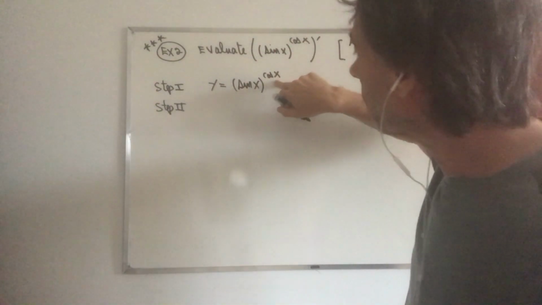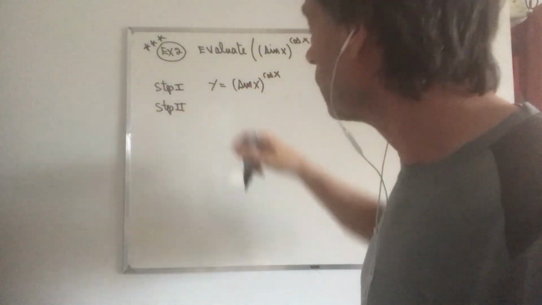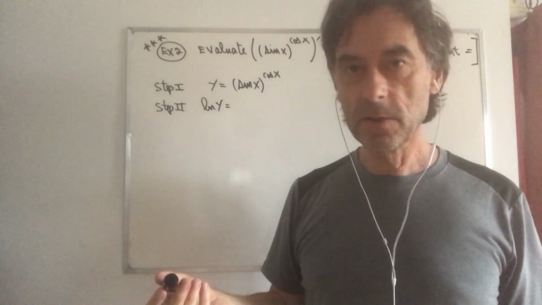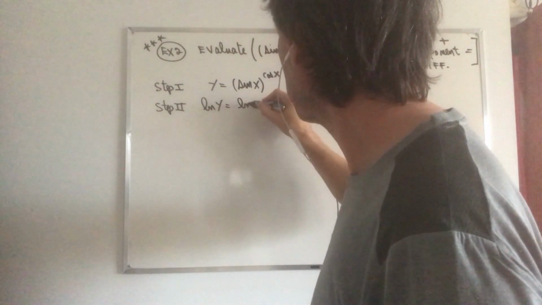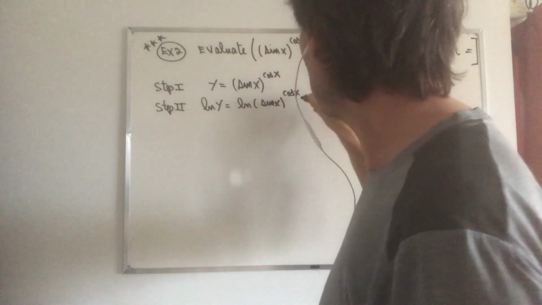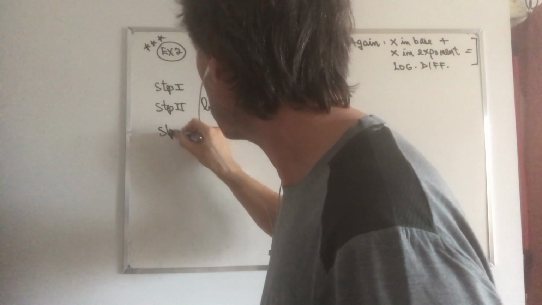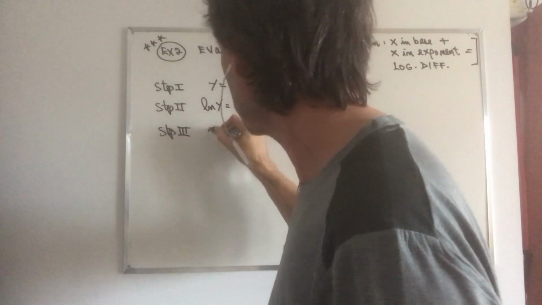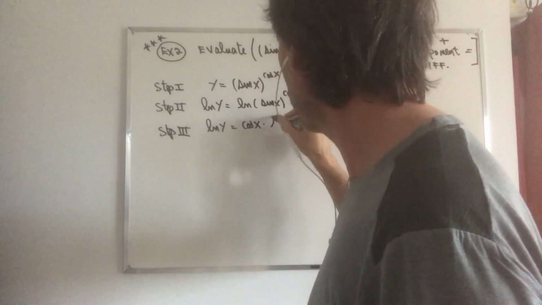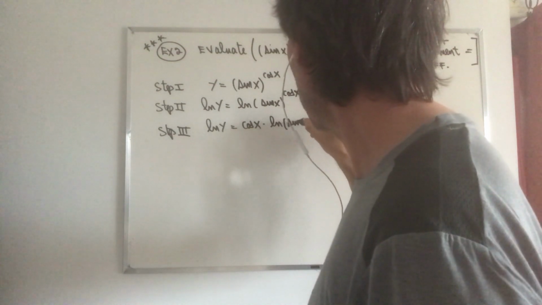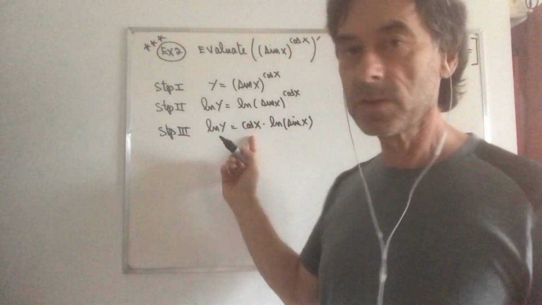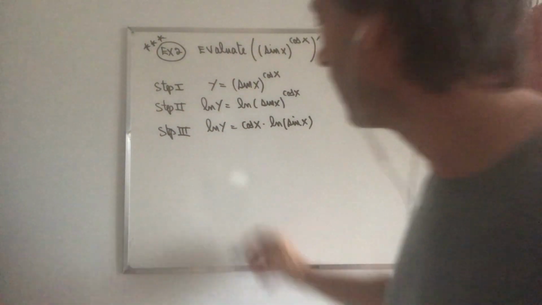We need to remove the cos x from its exponent position to something in front, and we can do this first by taking the ln on both sides, in order to use the property that says I can take that exponent straight in front of the ln. So now we have that ln of y is equal to cos x times the ln of sine x.